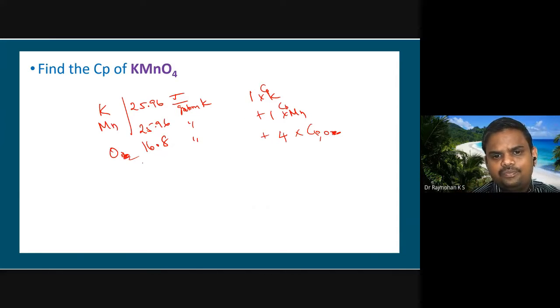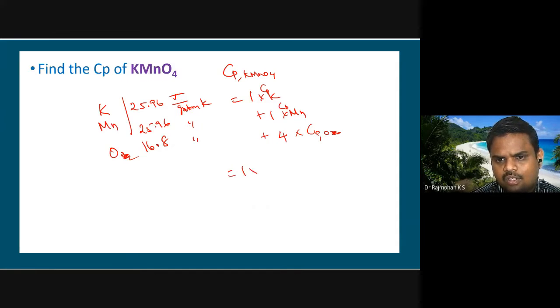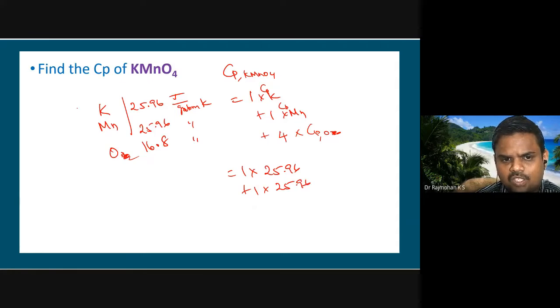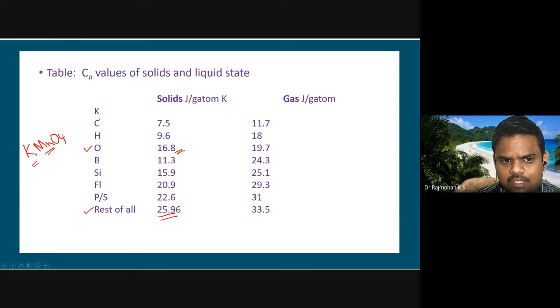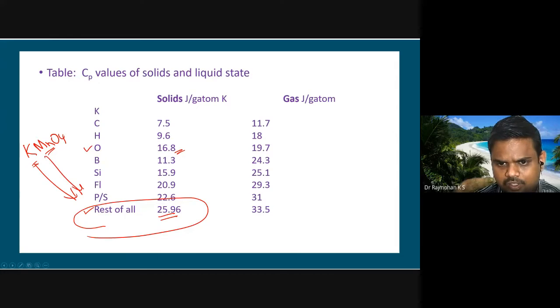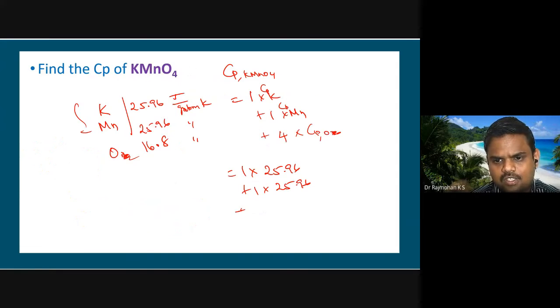Okay, so how to get the Cp value? Cp of KMnO4 is equal to 1 into 25.96 plus 1 into 25.96. Remember, both are coming under the rest of all in the table here, so we have taken that for K and Mn. For oxygen it is 4 times 16.8.